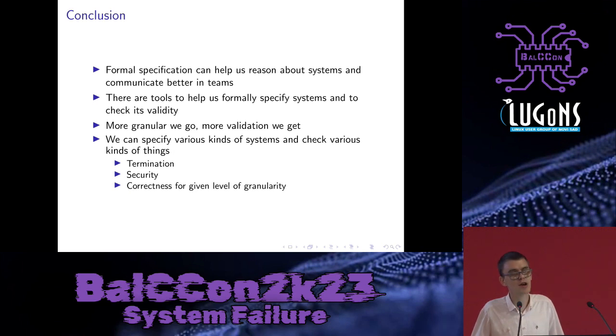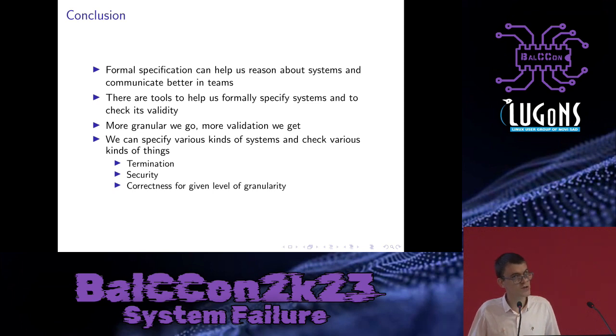We can also check correctness of certain algorithms. We can also check type correctness, meaning whether the data produced by our system has the correct type: if I want integers, do I always have integers, or sometimes do I get something crazy or something which I don't expect. And also there are some research efforts to use TLA Plus for specifying smart home systems, where the main goal is to check for security violations.